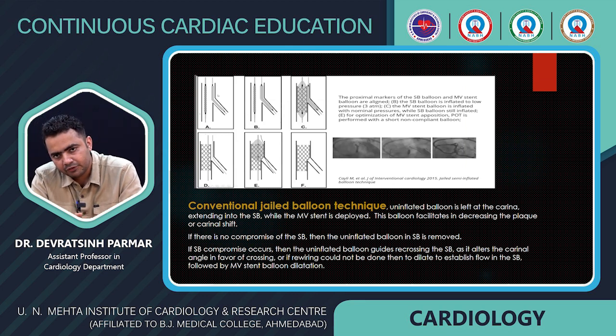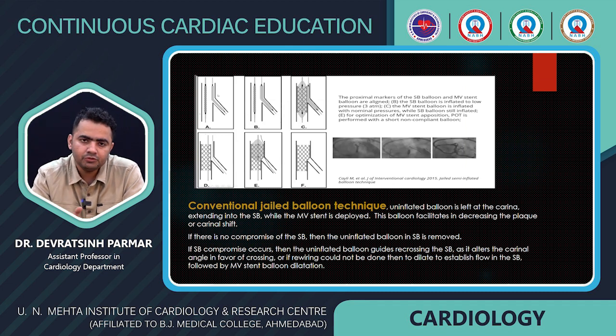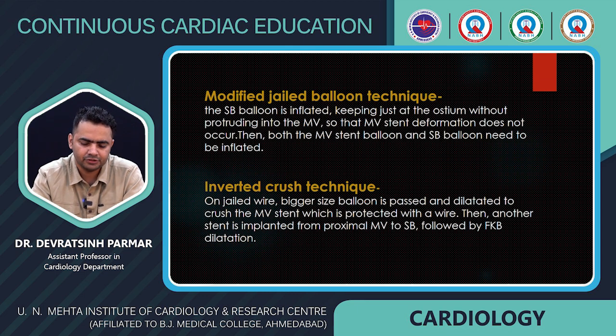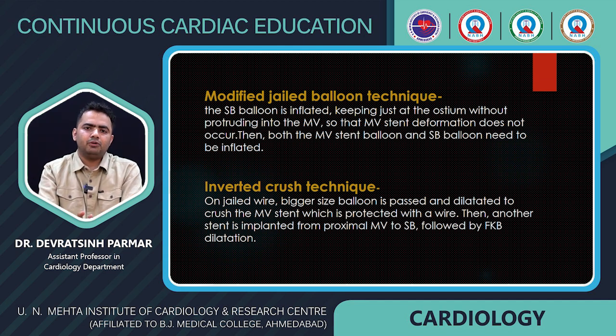Once you have put a stent in your main vessel, you see if the flow is there in your side branch or not. If there is no flow, then you can inflate the uninflated balloon in your side branch. But the major drawback is that it will cause deformation of your stent in the main branch. So the modified jailed balloon technique has come. It is also the same in a provisional setting.